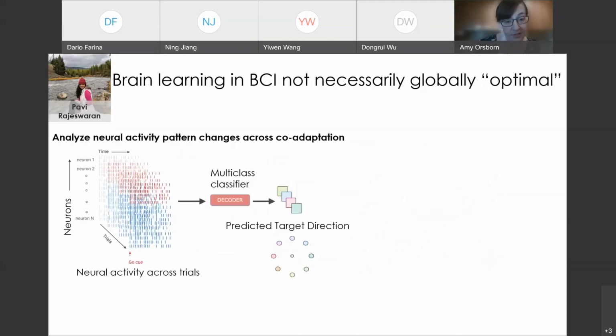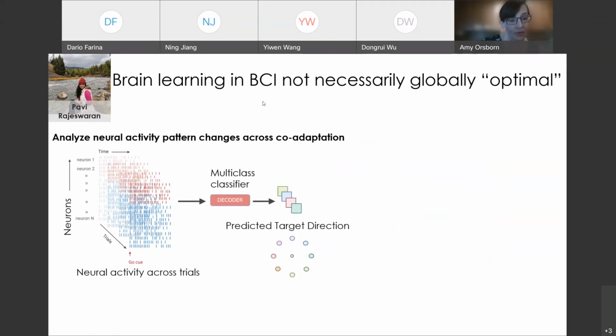And so that might seem like a theoretical problem and concern, but one of my grad students, Pavi, has been looking at the neural activity patterns in that co-adaptation data set that I showed you, to show that there might be some learning phenomena that happen in the brain that could be optimal for the brain, but are not necessarily globally optimal for the BCI system and are potentially problematic for us as engineers.